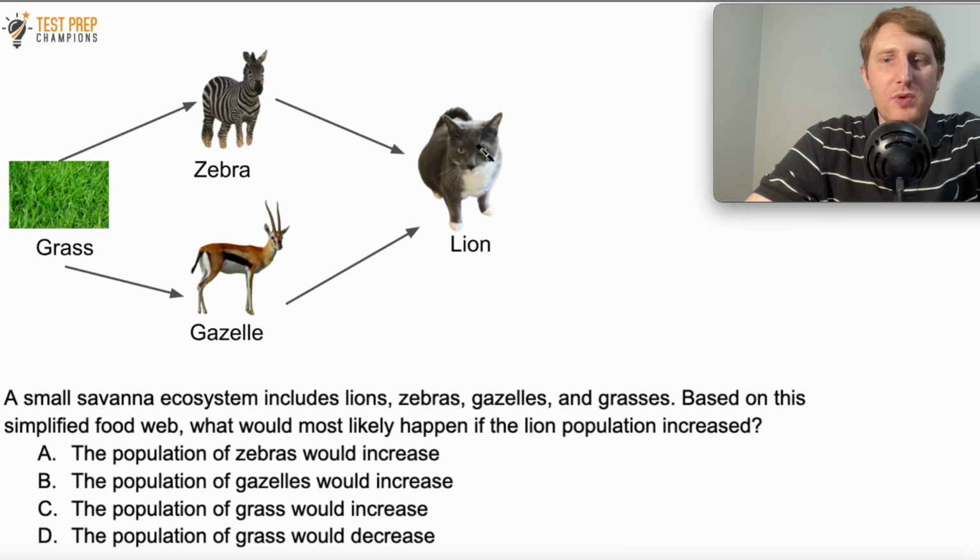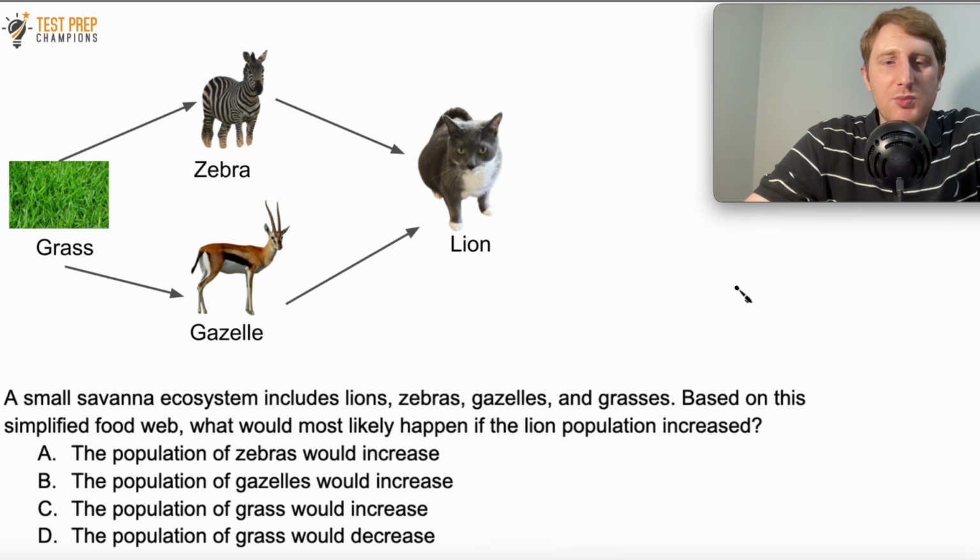The arrows are showing energy transfer. The zebra eats the grass and energy is transferred from grass to the zebra. The lion eats the zebra and energy is transferred from the zebra to the lion. So it's important to keep in mind here that the arrows aren't showing what eats what, the arrows are showing energy transfer. And Tommy is playing the part of the lion today.